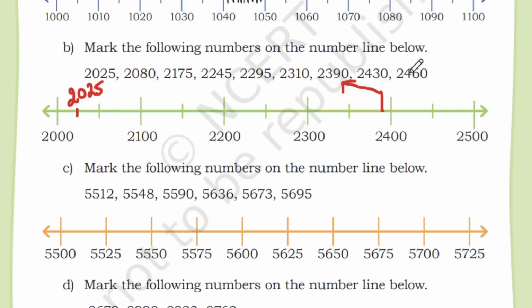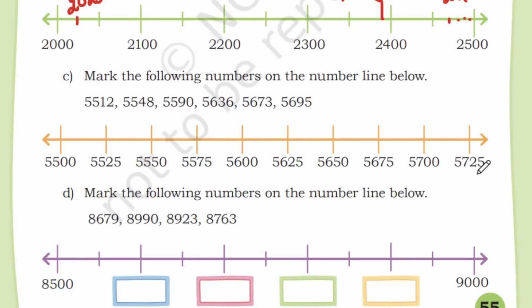Okay, so the final one is 2460. So this is 2450 and this will be 2460, just one point after. 2460. So it will be like 70, 80, 90 and then 2500.